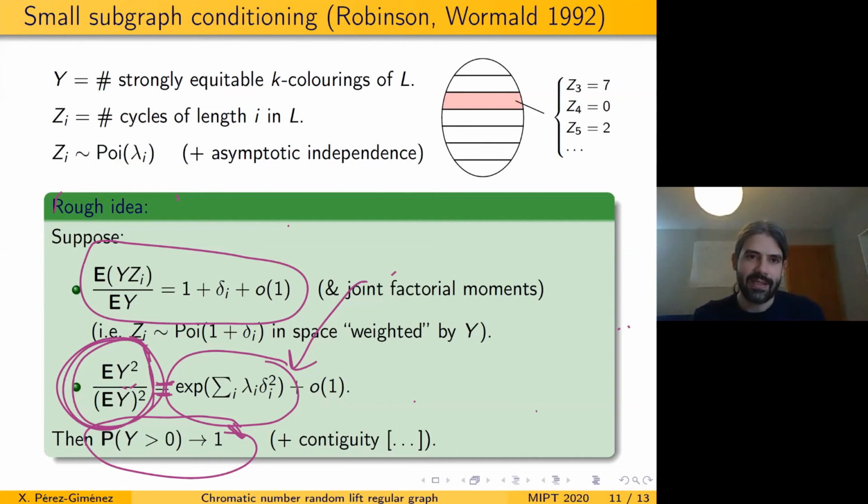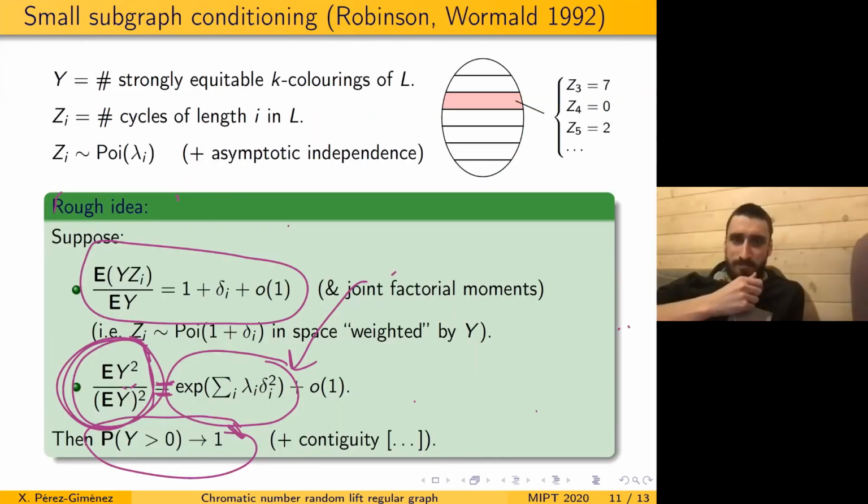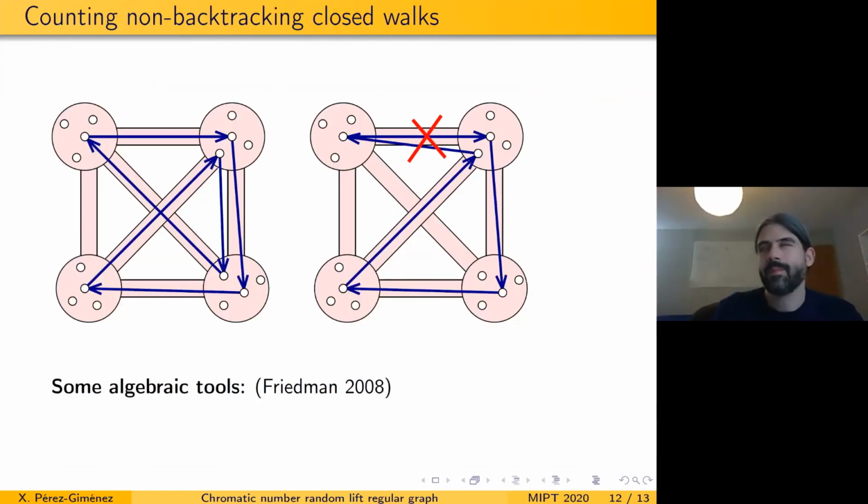And the last thing I want to say, and I'll say very little, is that some of these calculations involve understanding the number of cycles of a given length in your random lift. So for instance, the number of cycles of length 1, 2, 3, 4, 5, 6.